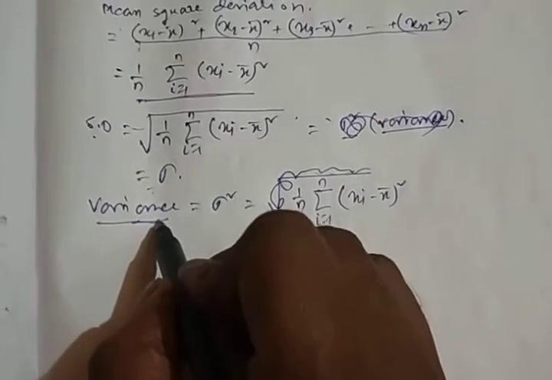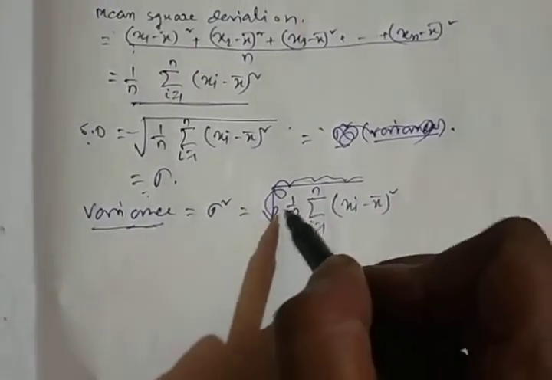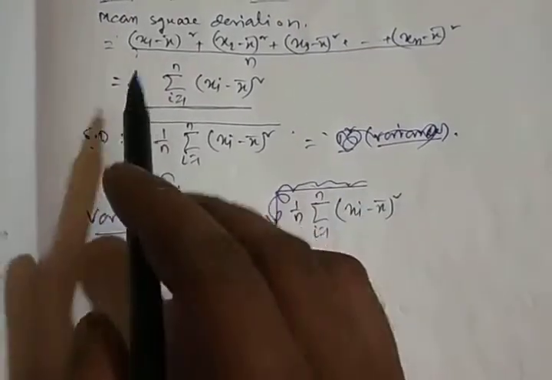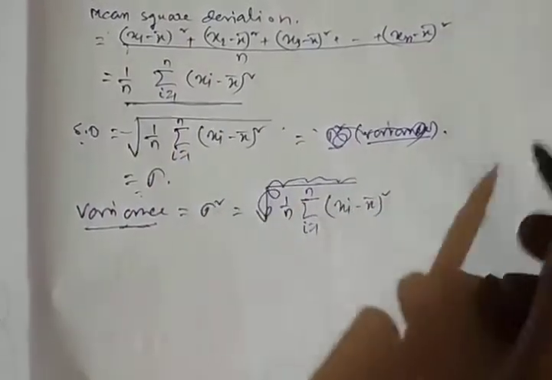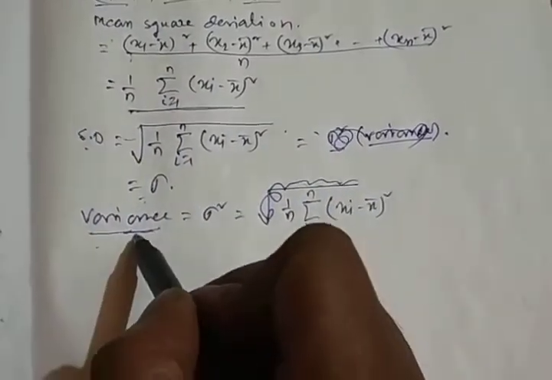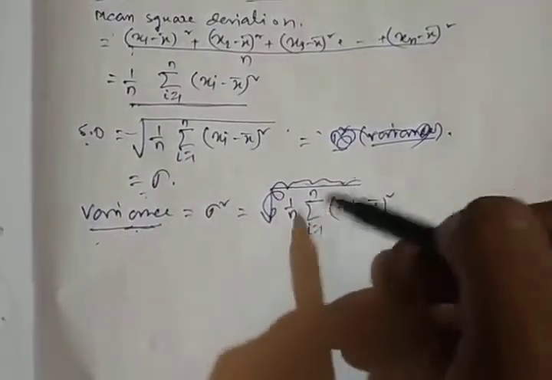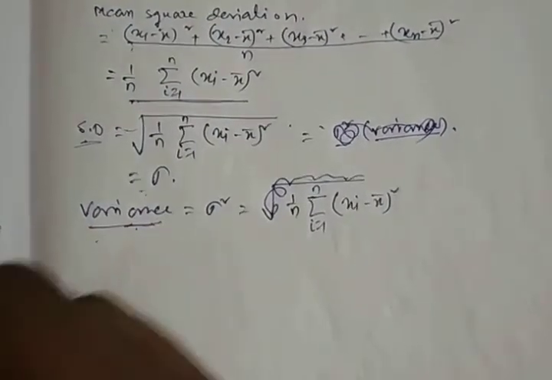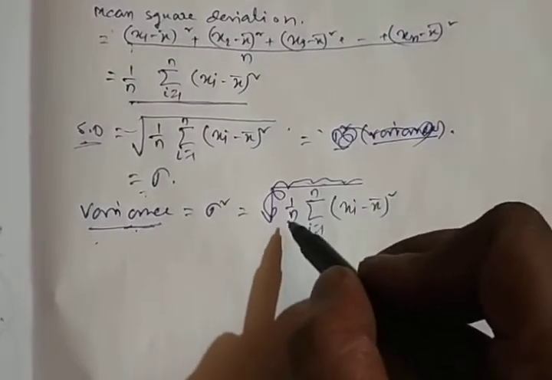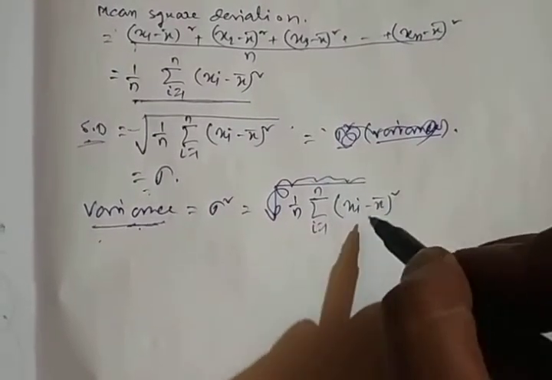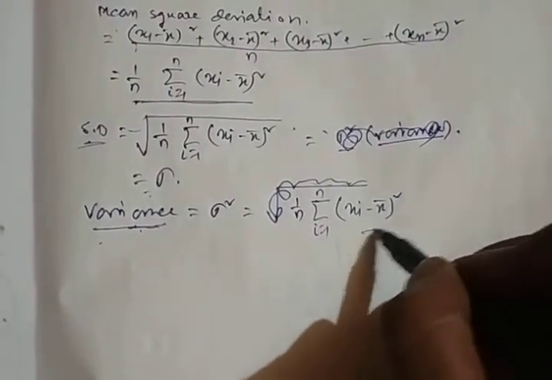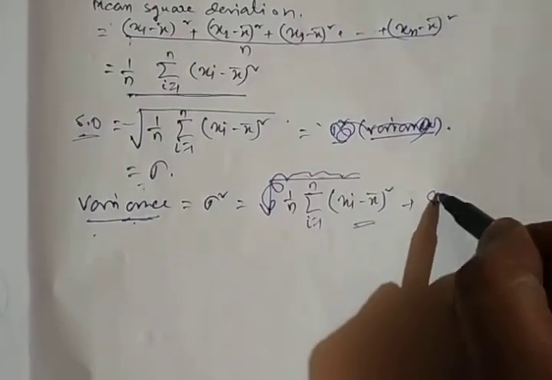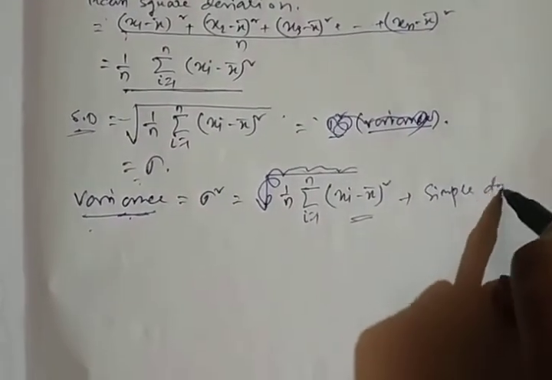Whenever we have to find the variance of a distribution, we calculate the mean square deviation, which is known as variance. If we take the square root of the mean square deviation, then it will be the standard deviation. This formula is for a simple series, a simple distribution.